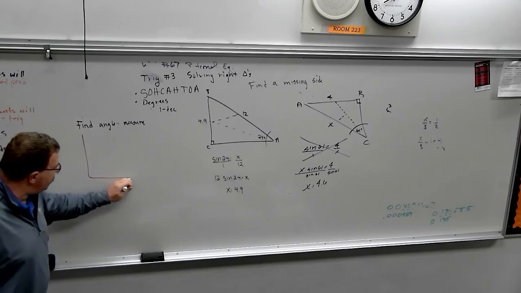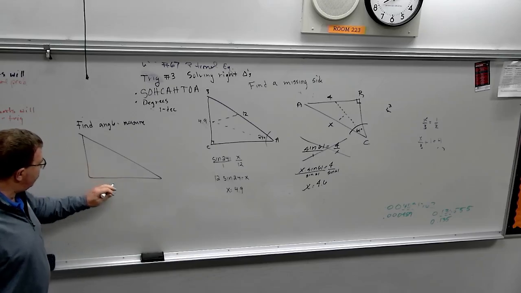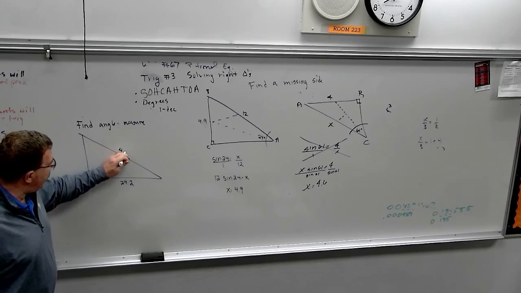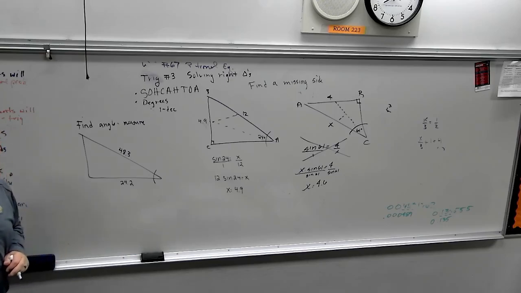So what I mean is if I drew a triangle like this, and I told you that this side was 24.2 and this is 48.3, what would this angle measure be? Notice I don't give you any angles at all, so you have to approach these a little bit differently.